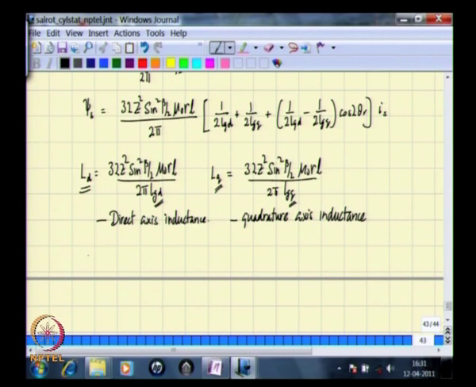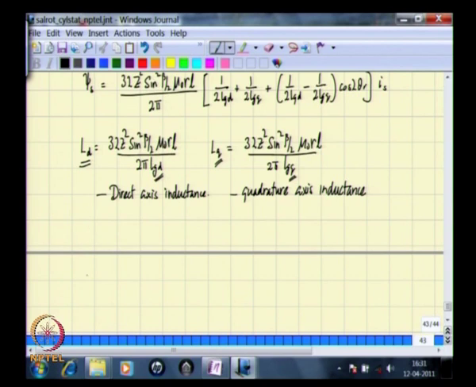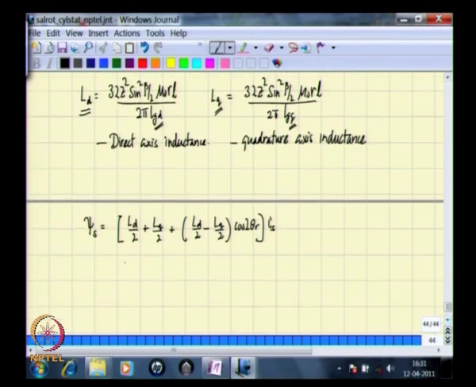With this, the expression for psi s can be rewritten as psi s is equal to (L d by 2 plus L q by 2 plus L d by 2 minus L q by 2 into cos 2 theta r) multiplied by I s, and therefore the ratio of psi s to I s, which is nothing but the self inductance of the stator, is given by this term.